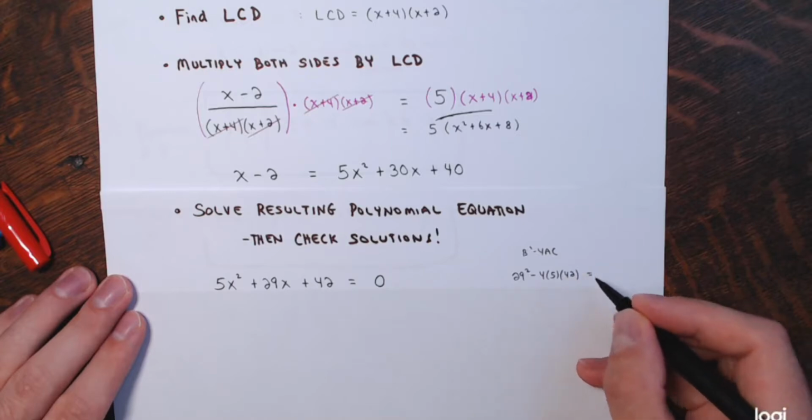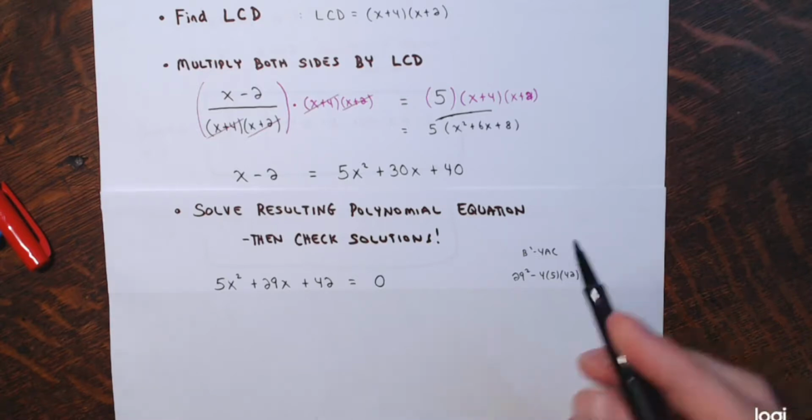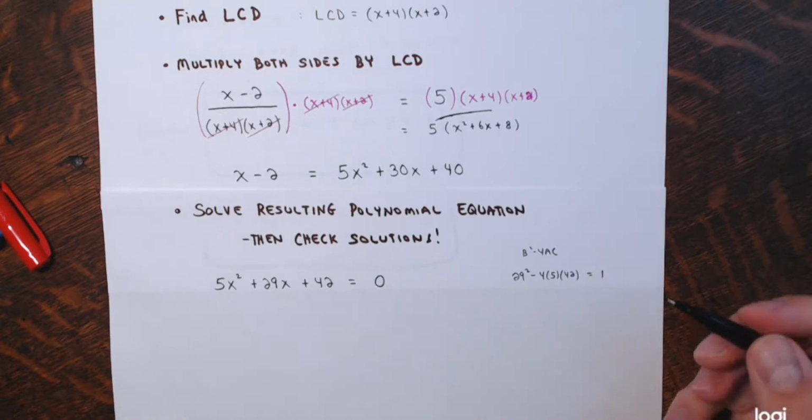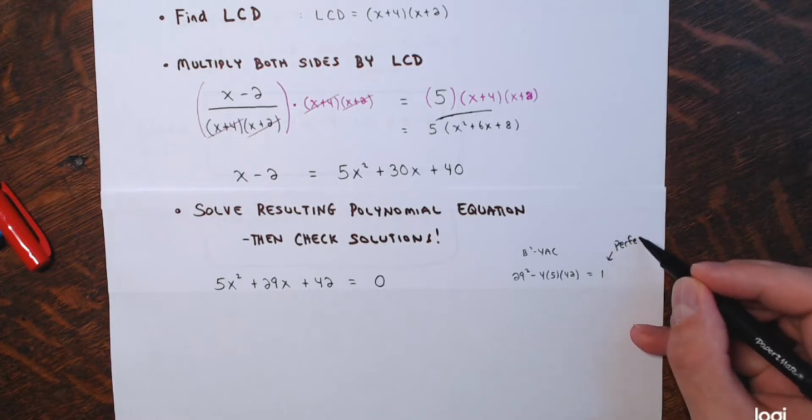And see if this value is a perfect square, then I will be able to factor this. I'm just using a calculator off to the side here. 29 squared minus 4 times 5 times 42 is 1, which is definitely a perfect square. 1 is 1 squared.